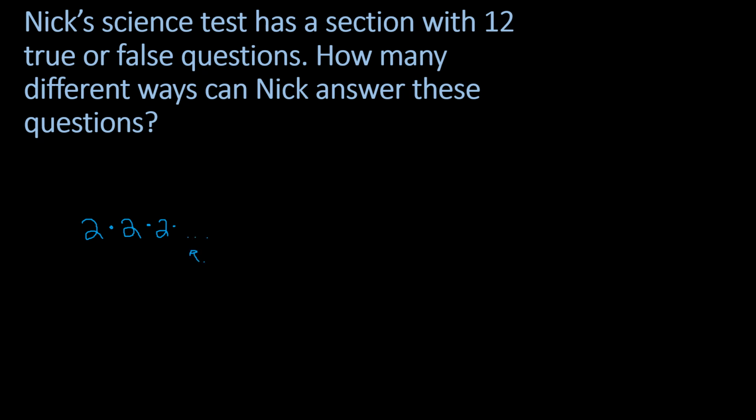This is going to go on 12 times because there are 12 questions. So a way we can write this without writing out 2 times itself 12 times, you should be shouting it right now, is 2 to the 12th power. Okay, so 2 to the 12th power, we're going to simplify that.